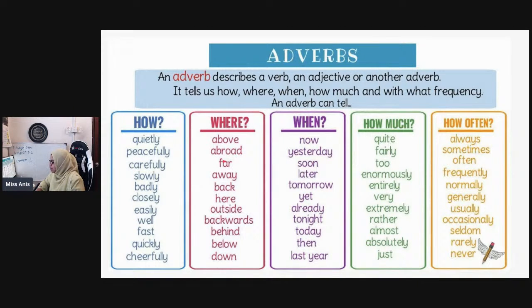Alright, so abroad, far, away, back, here, outside. So nampak tak this word describe the location. Okay, location kat mana. So these words are like, where did you do it? Where do you complete the action? Okay, so this is to answer the question where.